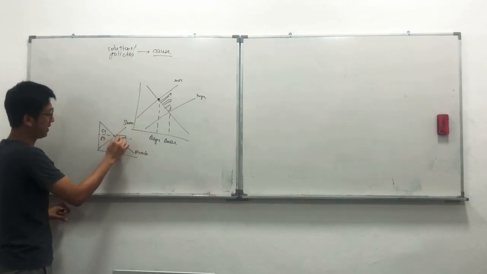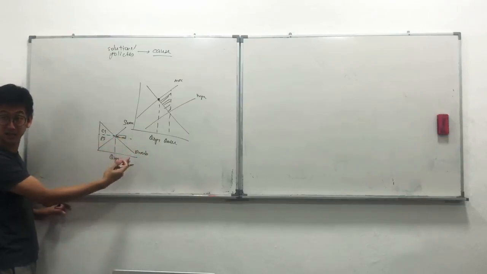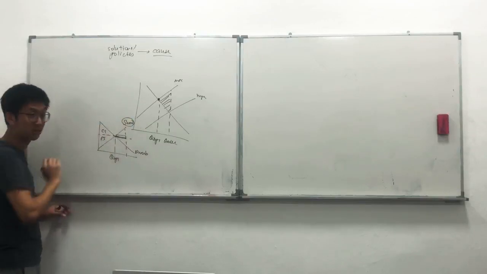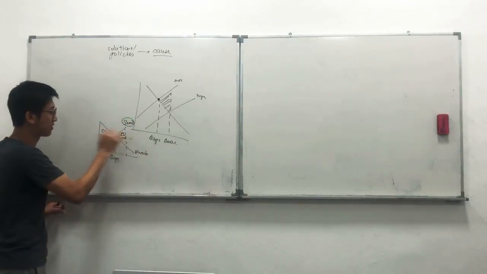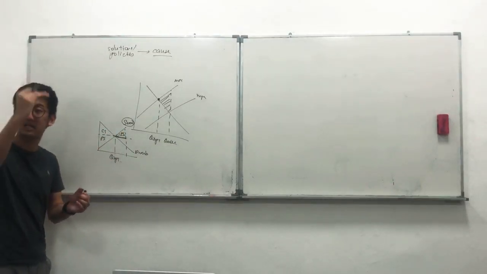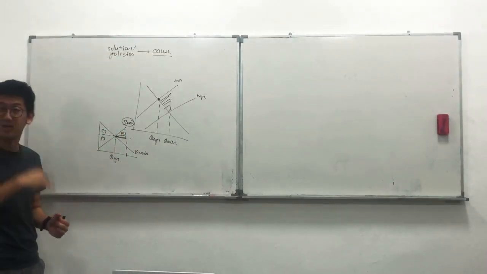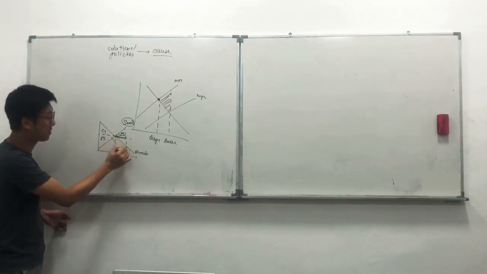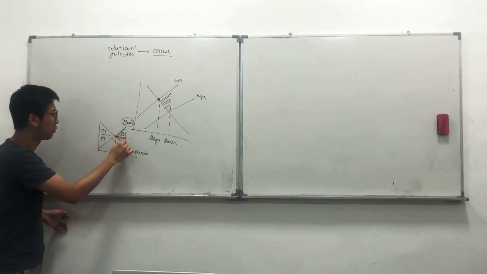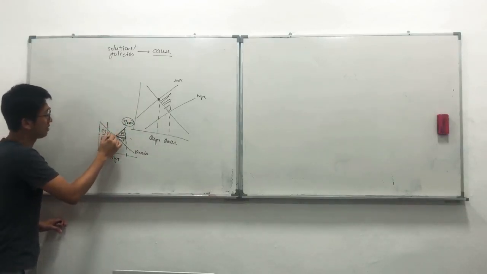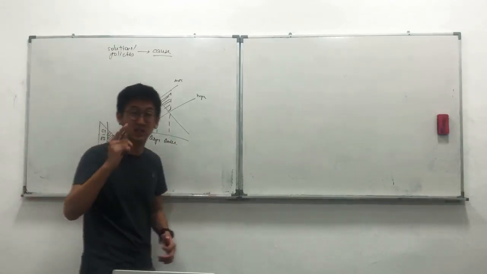When your price is here and you are at any quantity to the right, your price is lower than your marginal cost, so it's a negative producer surplus. Producer surplus is positive when the price is higher than the minimum you need. You pay a price that's higher than the maximum you're willing to pay, which is MB, so it's a negative consumer surplus. So you're actually adding these two up to give you the deadweight loss. Over here it's just cutting the CS and PS off. That's why it always points at Q optimal.